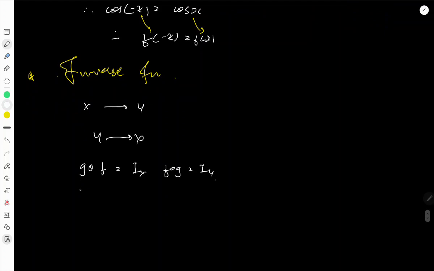So g of f of x is equal to ix, and f of g of x is equal to iy.